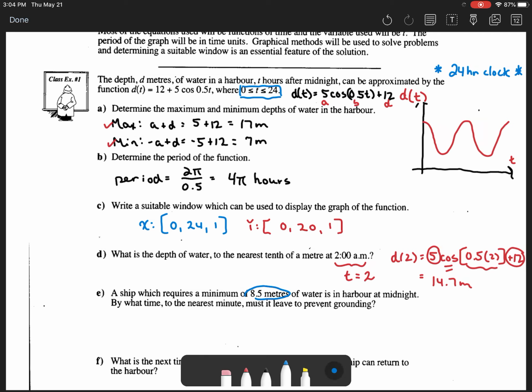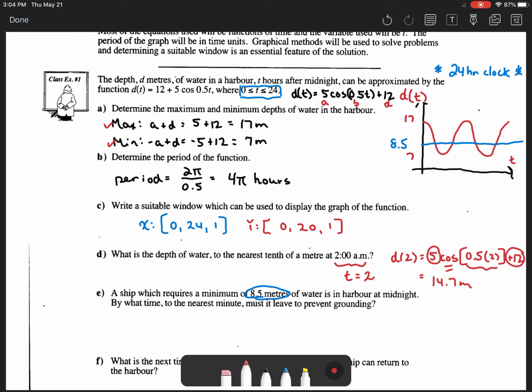So what I'm going to do is this: 8.5 meters of water is a depth. So I'm going to graph a second function at 8.5. So I graph a second function of y2 is equal to 8.5, and it would look something like this. Remember on my graph, the highest this graph is going is 17, the lowest it's going is 7.